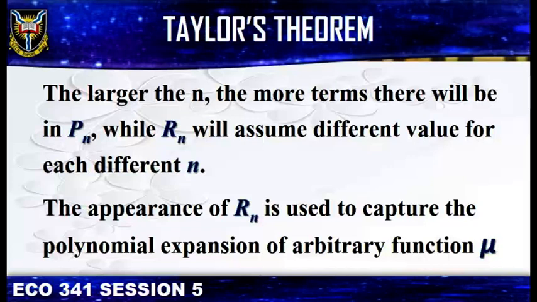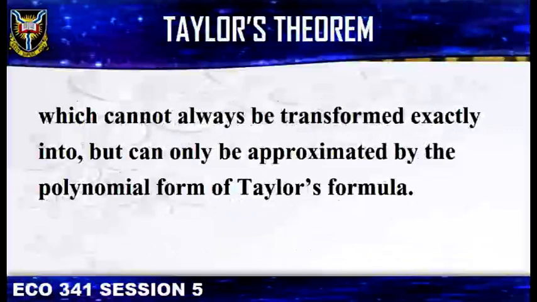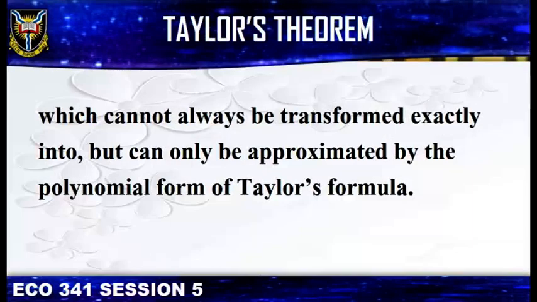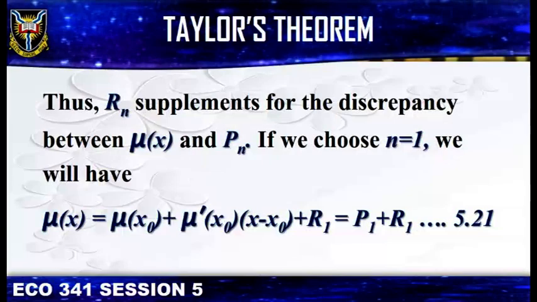The appearance of Rn is used to capture the polynomial expansion of an arbitrary function u, which cannot always be transformed exactly into, but can only be approximated by, the polynomial form of Taylor's formula. Thus, Rn accounts for the discrepancy between u(x) and Pn.